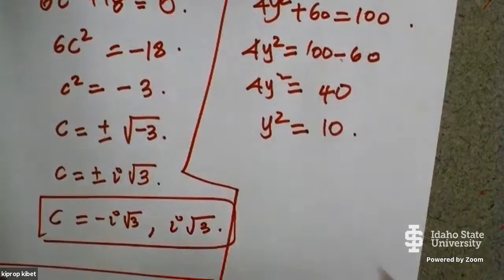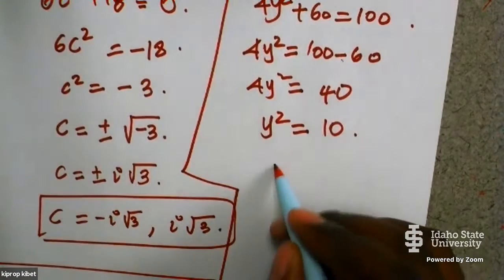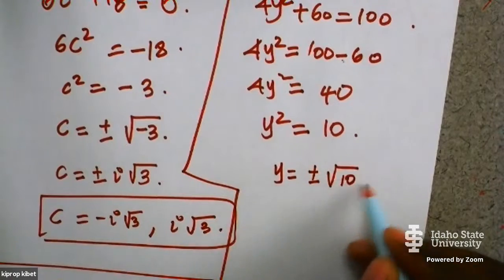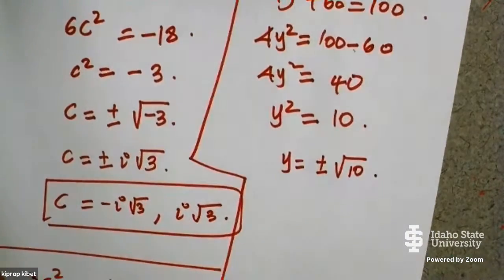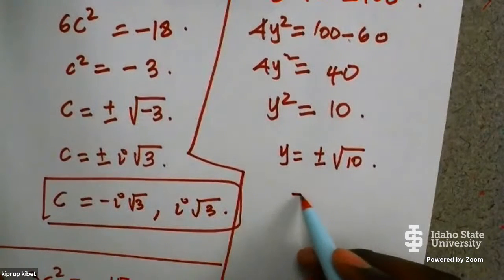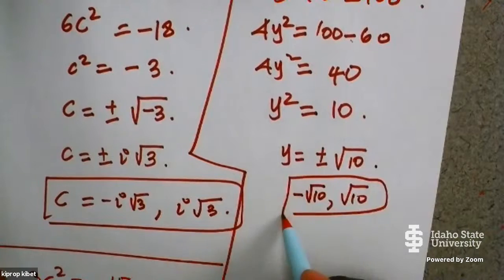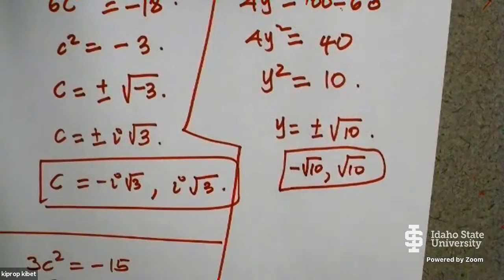So what is y? So y equals plus or minus the square root of 10. So in Newton, we just write minus the square root of 10, the square root of 10.